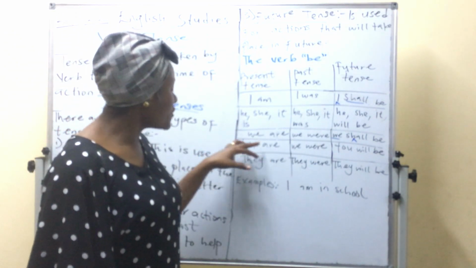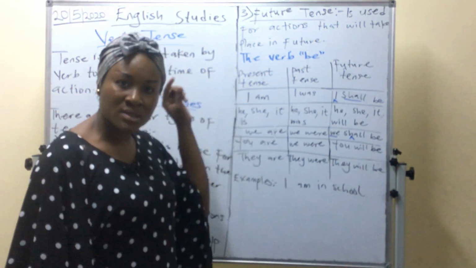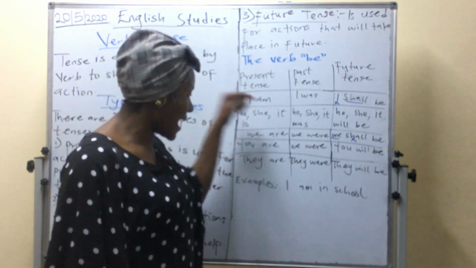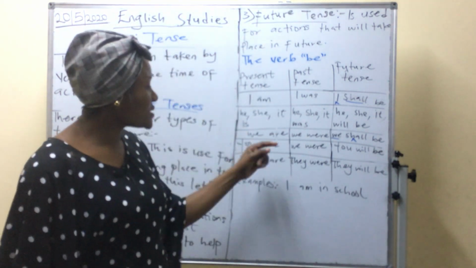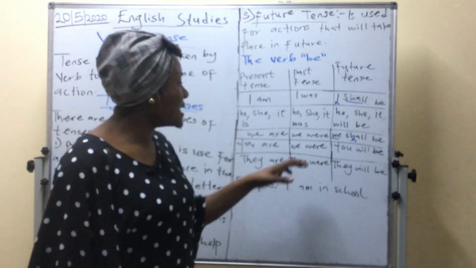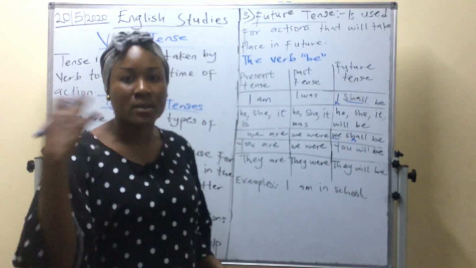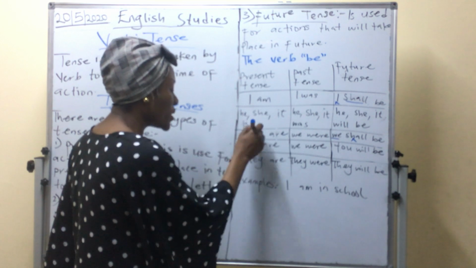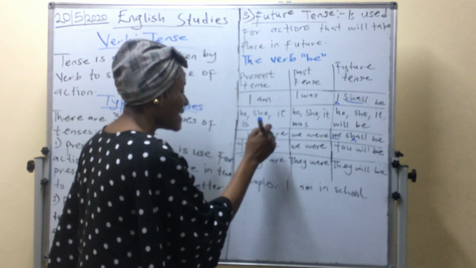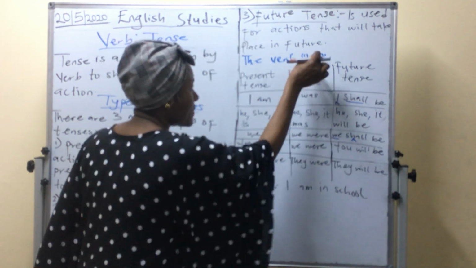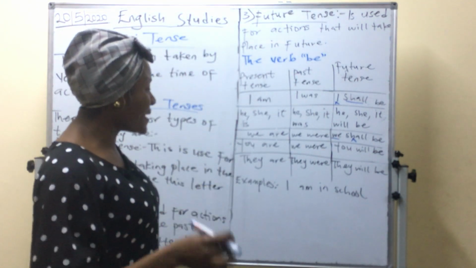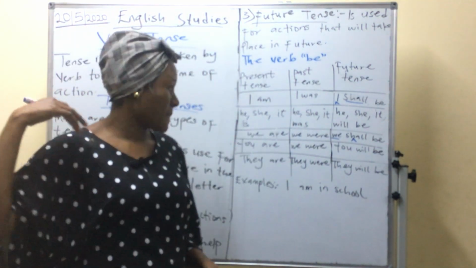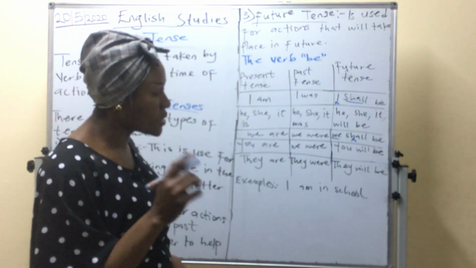You are. Even though it's singular, we use are for you. You are. And in the past, we say you were. And in the future tense, you will be. Now, because they is also plural, like we, we also use are. They are, in present tense. In the past tense, they were. And in the future tense, they will be.